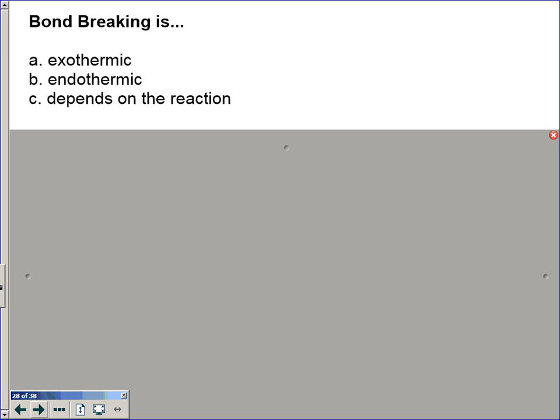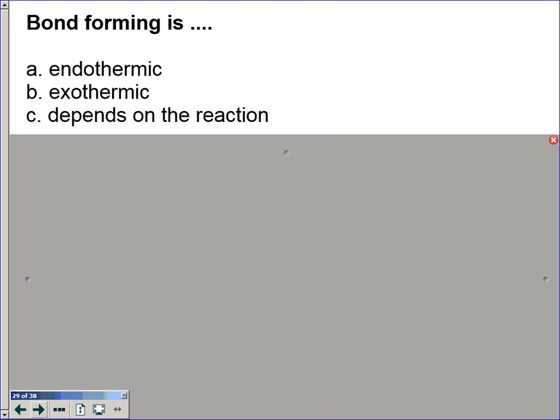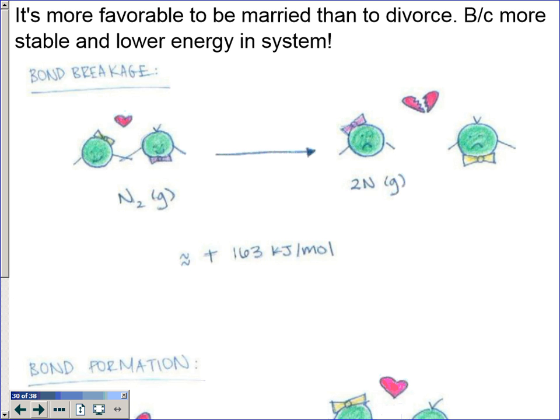Bond breaking is A, B, or C? B, thank you. Bond forming is exothermic, and this is my heartbreaking example. So diatomic nitrogens together in a triple bond, and then they broke up. It's depressing, but it's really hard to do.